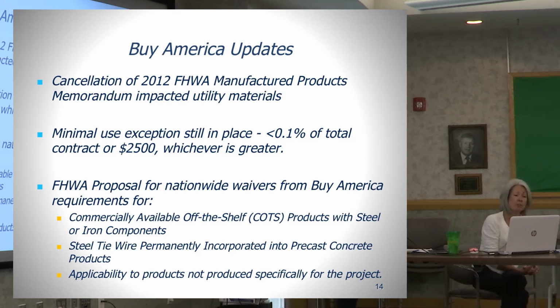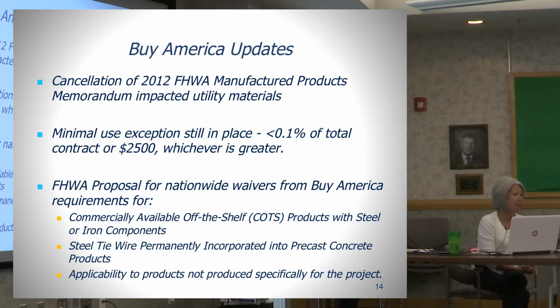The 2012 manufactured product clarification gave a little bit of relief in that, in a nutshell, a device or a material had to be predominantly iron or steel. There were exceptions for some minor components. It was intended to address the fact that the administrative burden for documenting compliance was higher than the return on that.